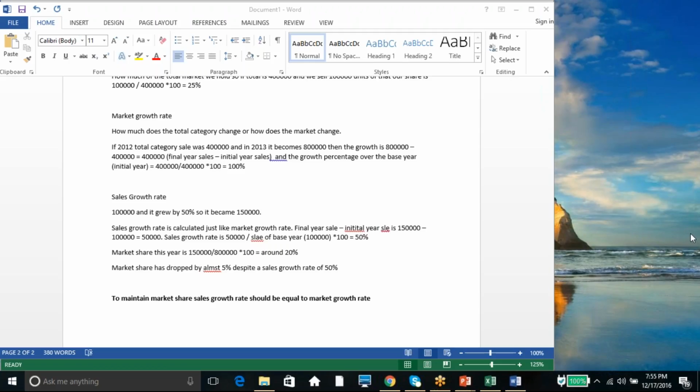Yes, so if your growth rate is not matching market growth rate, it means competitors are growing at a faster pace and your market share is dropping.